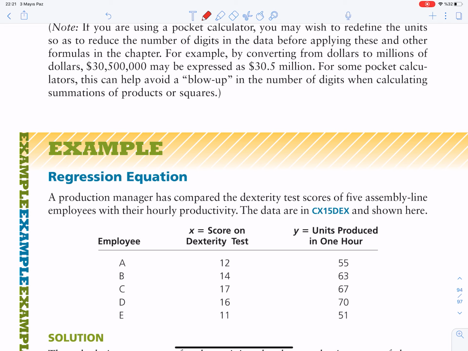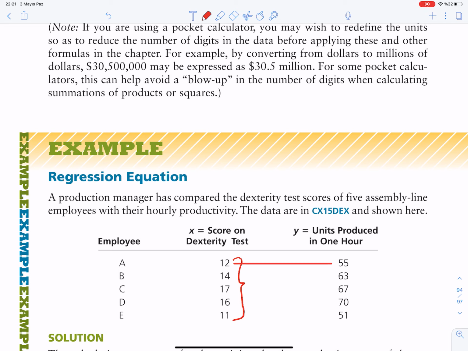For score x we have these values. Employee A has a score of 12, and the first guy produced 55 units in 1 hour.